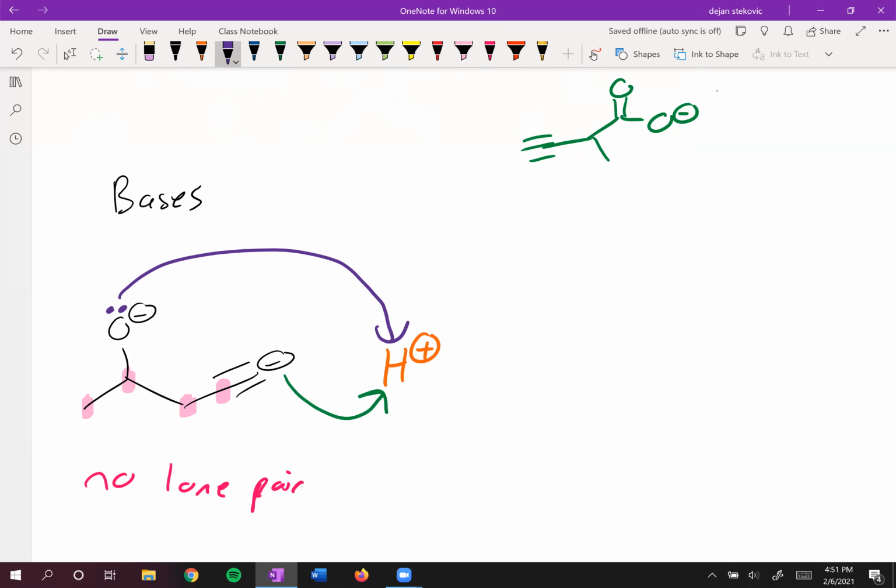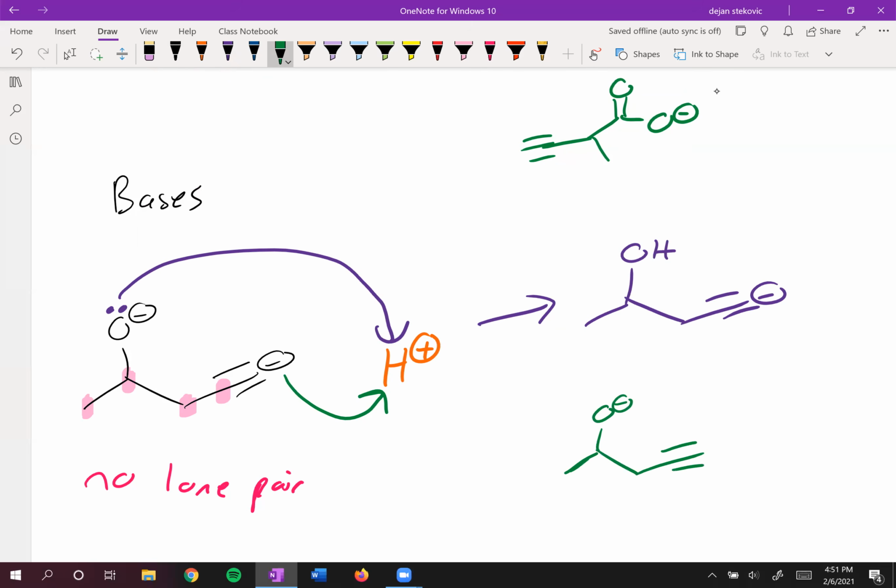If we're going to analyze which of these sites are going to be more basic, we first have to think about what our potential products could be. We're left with either this, where the negative charge remains on this carbon but now our oxygen is protonated, or we could leave the oxygen deprotonated and protonate our carbon over here.